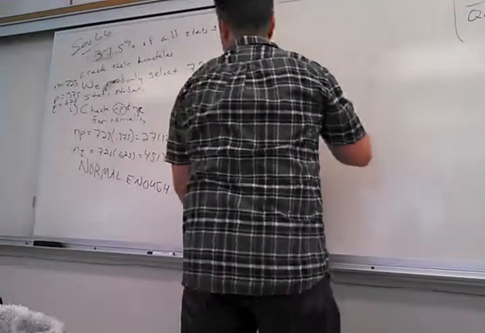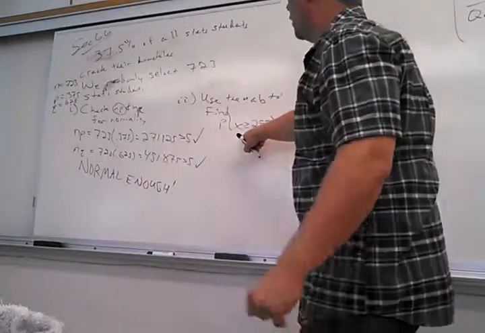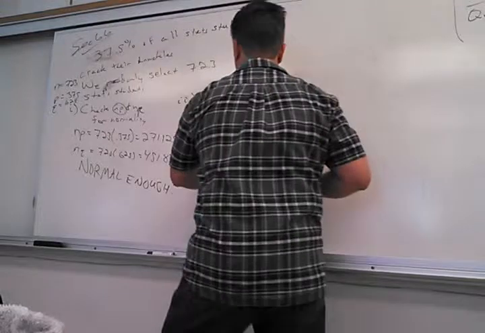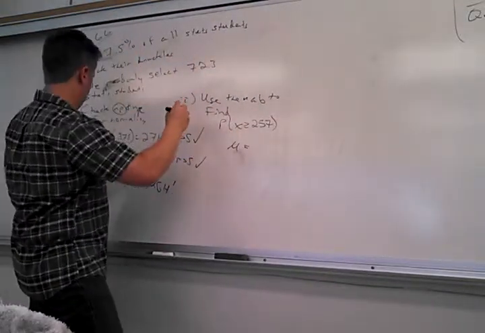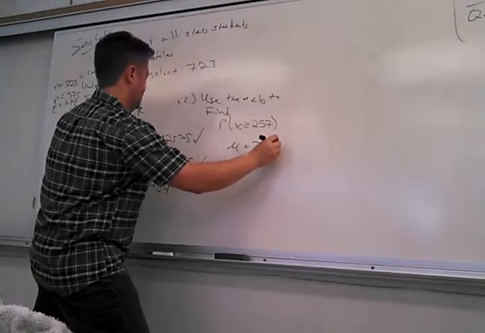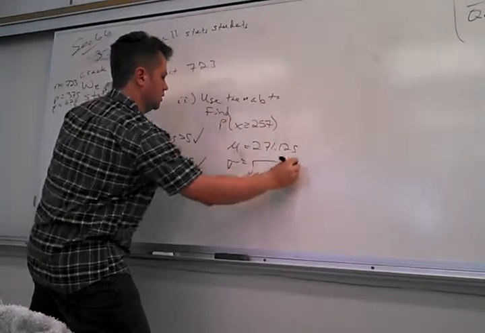So if I were to graph this thing out, to do this part, I've got the mean, 271.125. What's the standard deviation going to be?